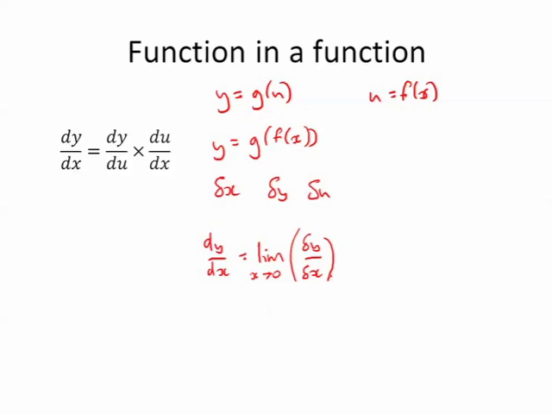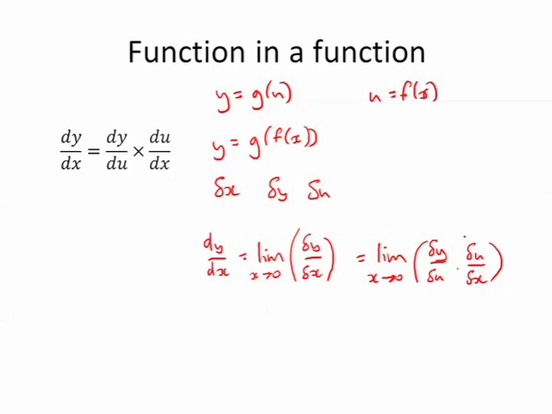And, without going into too much detail, using a bit of dodgy fraction technique, we can say this is actually the same as the limit as delta x tends to 0 of delta y on delta u times delta u on delta x.